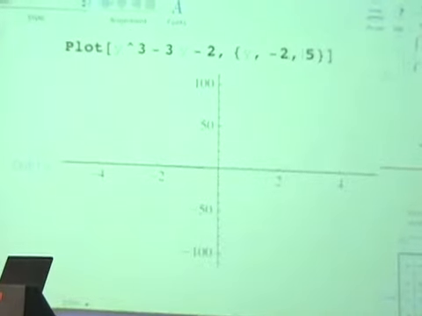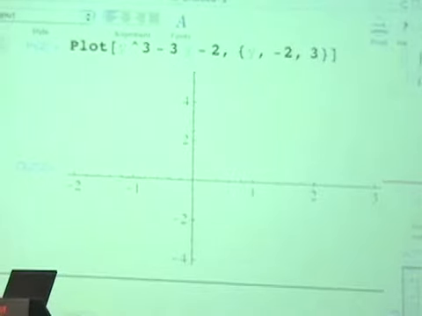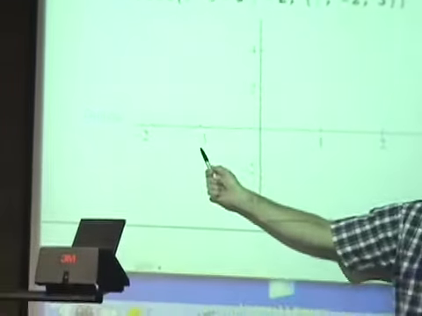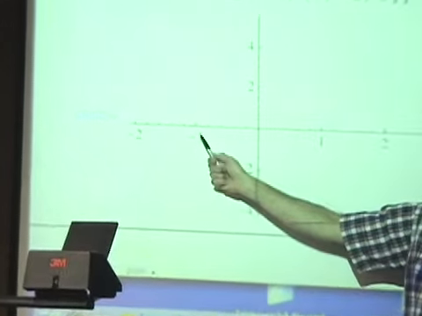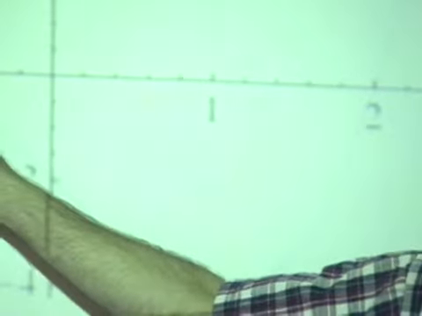I'll plot from -2 to +3. Looks like we might have a root at -1. The graph seems to be perhaps just touching at -1. You really can't say for sure just by looking at the picture whether it just touches at -1 or whether it just barely crosses into positive values just to the right and just to the left of -1.